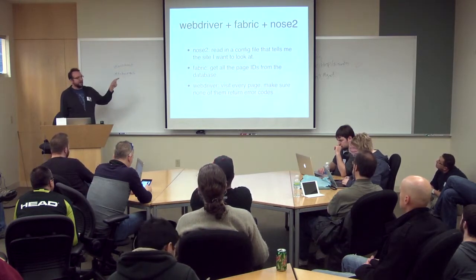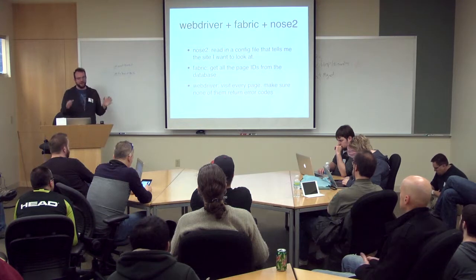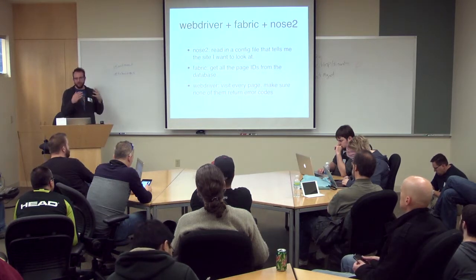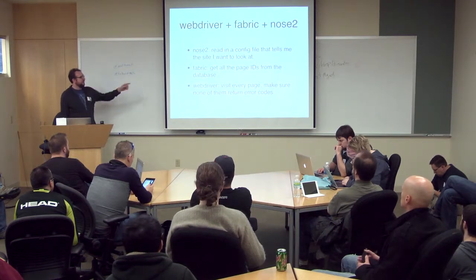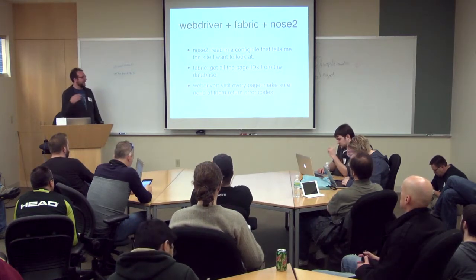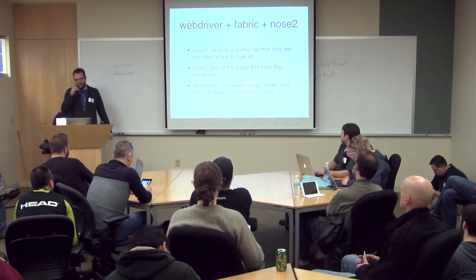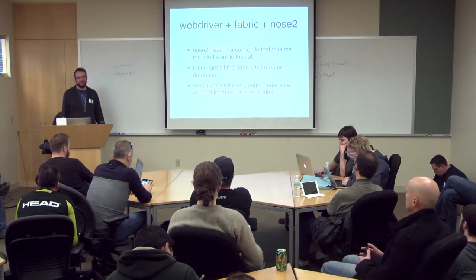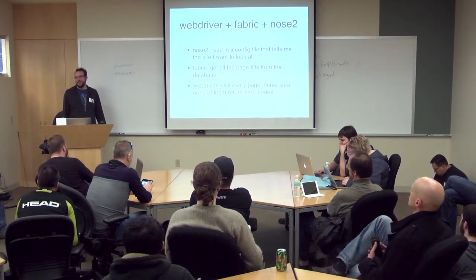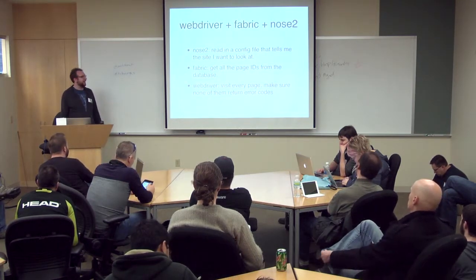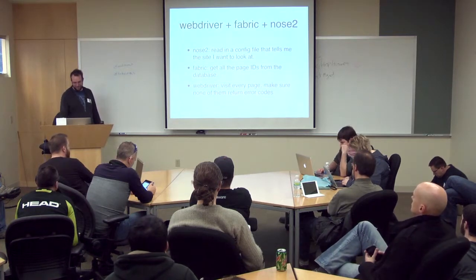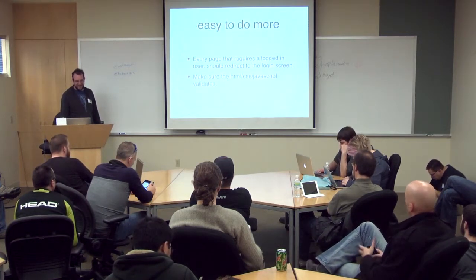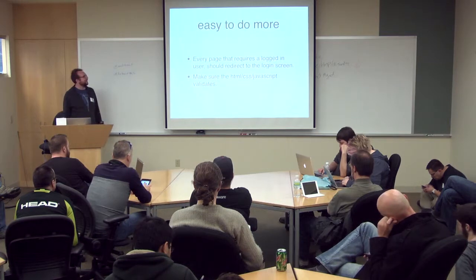And then you use Fabric to get all the page IDs that live in WordPress or whatever you're using. And then you use WebDriver to visit every page and make sure none of them have error codes. And all 3 of these things together, if you wanted to, you could throw that in a continuous integration suite or something like that, and you've got a real nice thing that checks every page on your site.